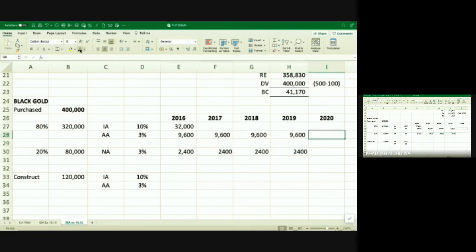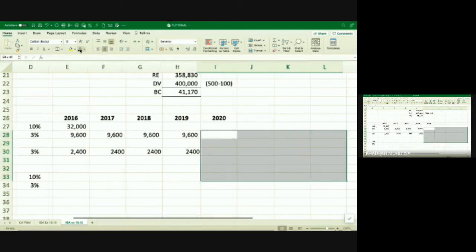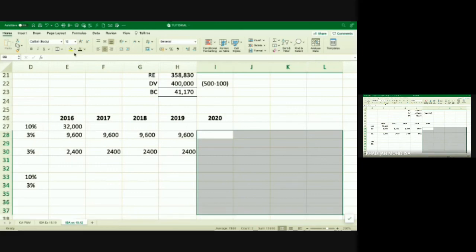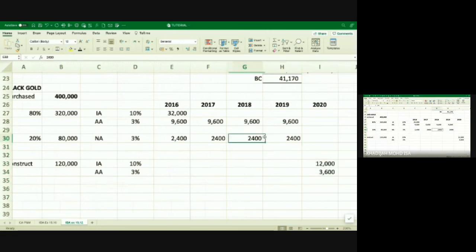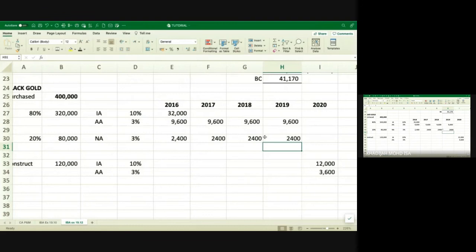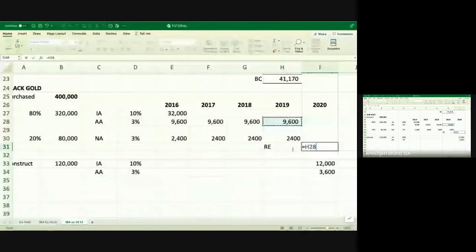Why did it not do it here? Is it there? Okay, so you just compute it like that, but assuming that you have to compute your RE, let's say in YA 2020, where there is a disposal. Okay, so you have RE here. The RE is actually your 320.